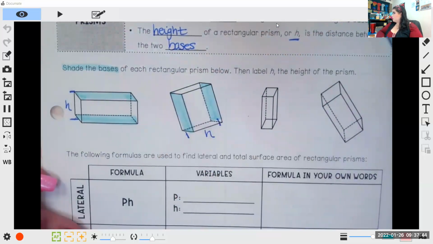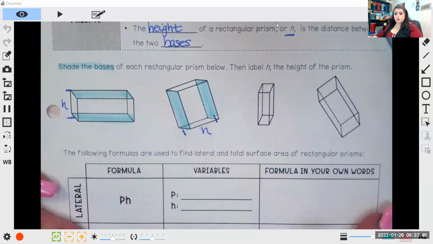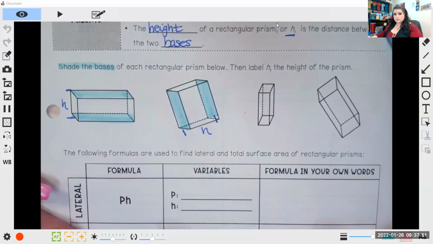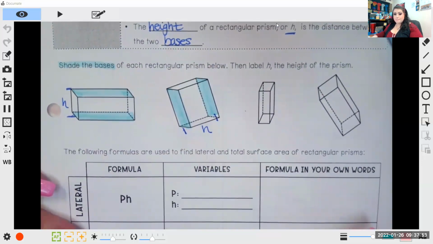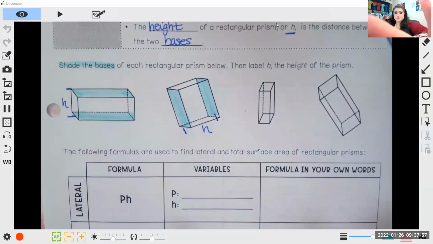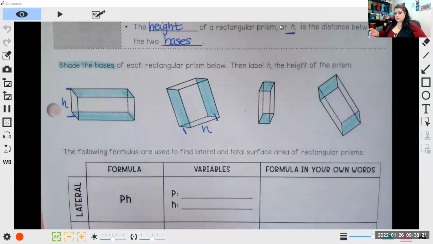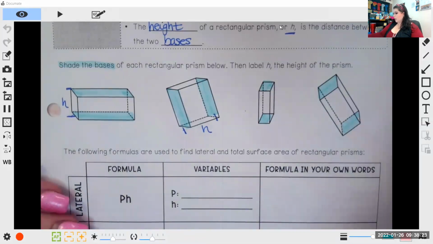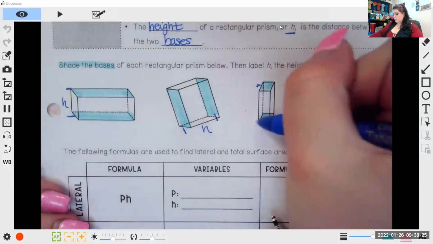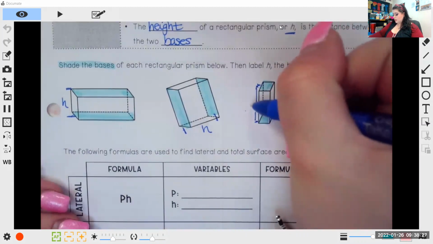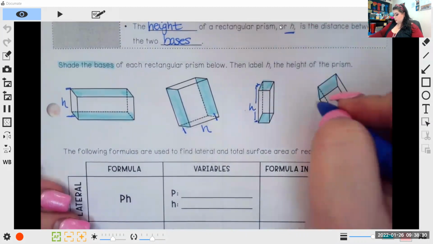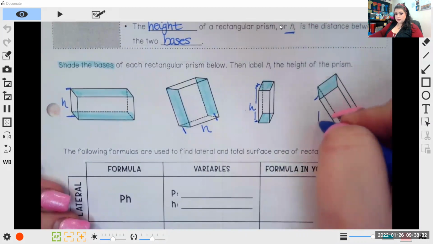I want you to try the next two on your own and see what you think. So pause the video. All right, so I did this as my bases, and from base to base, this is my height. Base to base, this is my height.